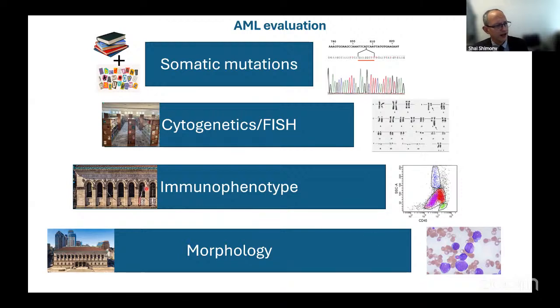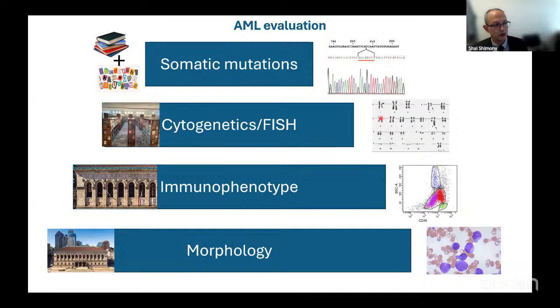Then the next thing, I look at a test that's called immunophenotype, and that marks all the windows that we can see outside. And it matters because A, they can be a target for therapy, and B, they tell us about the severity of the disease or the subtype of the disease. Then we look at the bookshelves.